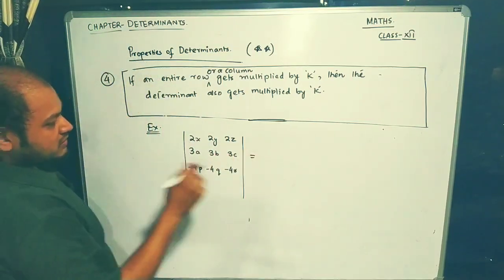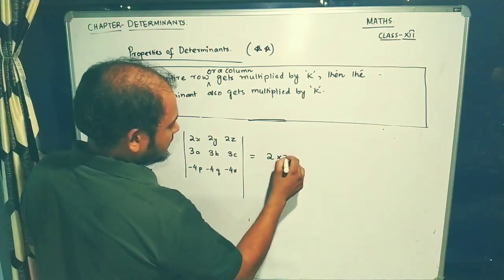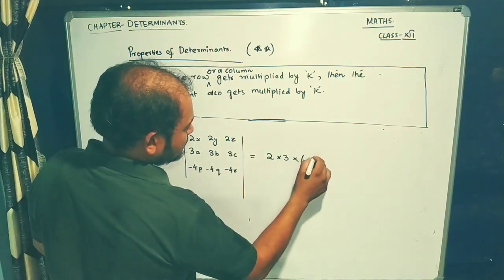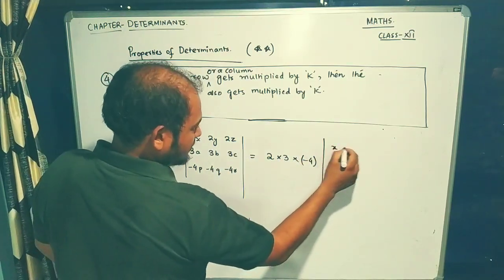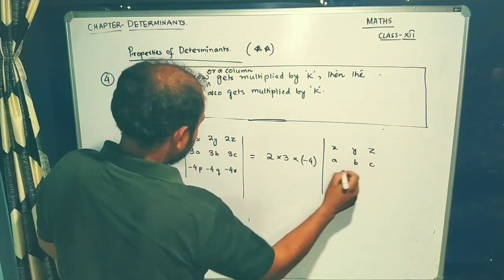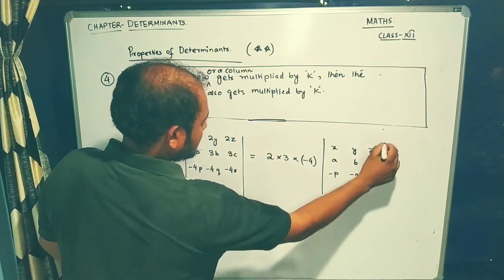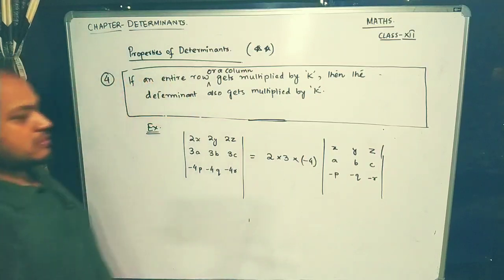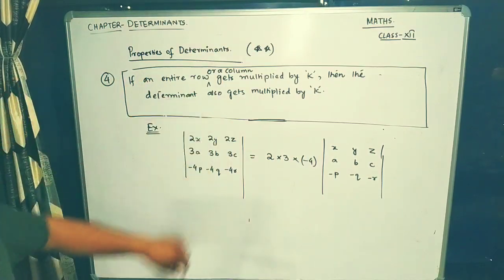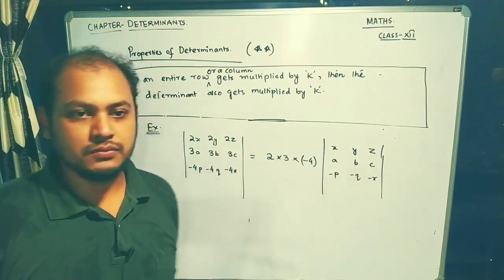Taking 2 outside this determinant, we have 2 here. Taking 3 outside, we have 3 here. Taking minus 4 outside, we will have minus 4 here. And the determinant is xyz, a, b, c, minus p, minus q, minus r. Now it must be clear to you that if there is a common factor in any row or any column, you can take that common factor outside the determinant.